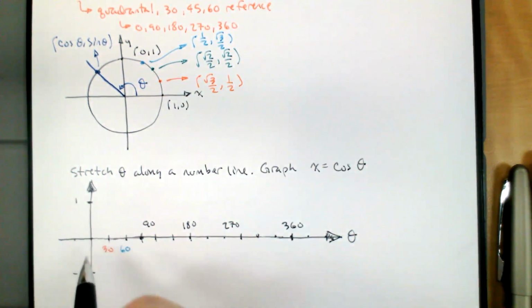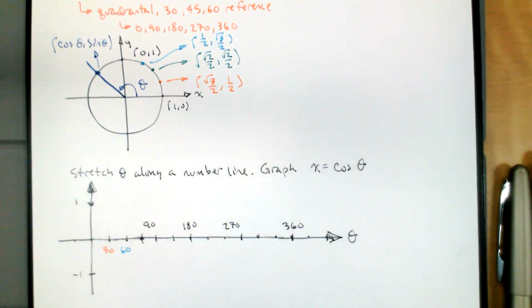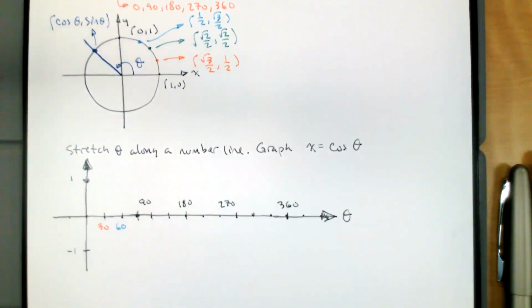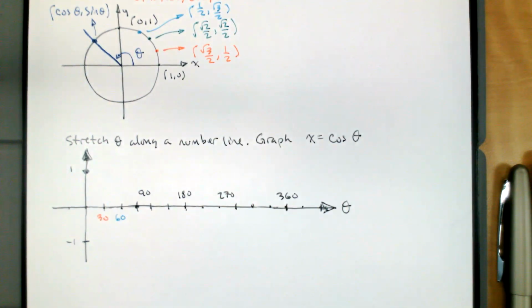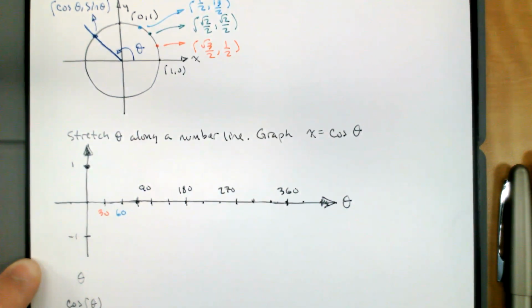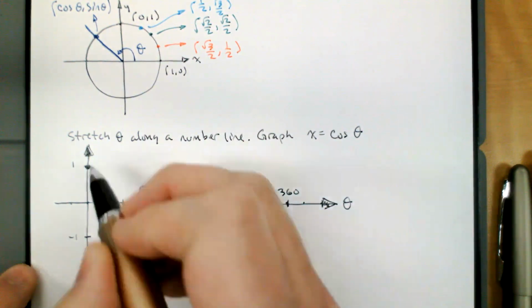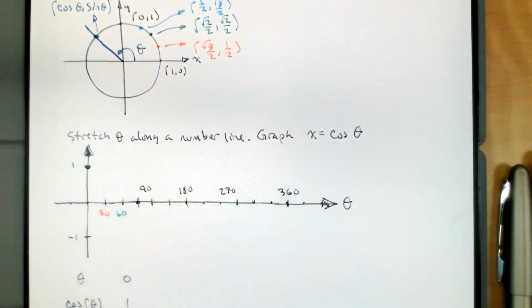So the first point we're going to mark is up here at 1, because the cosine of 0 is 1. So when theta is 0, cosine is 1. And so I'm going to mark that point up there.